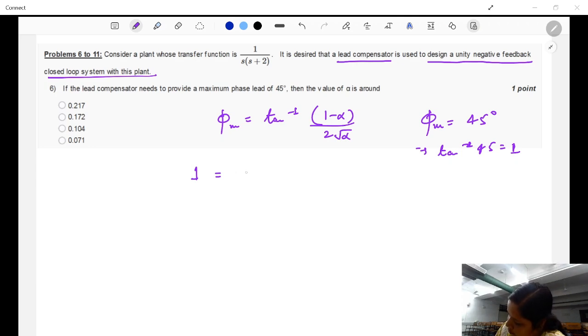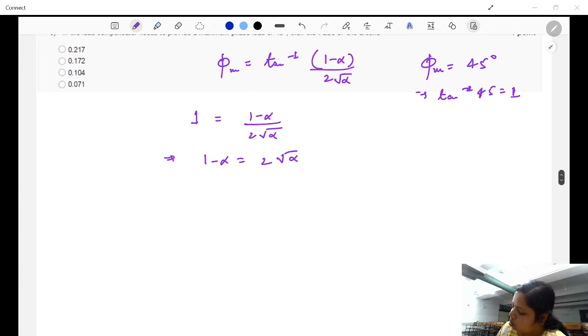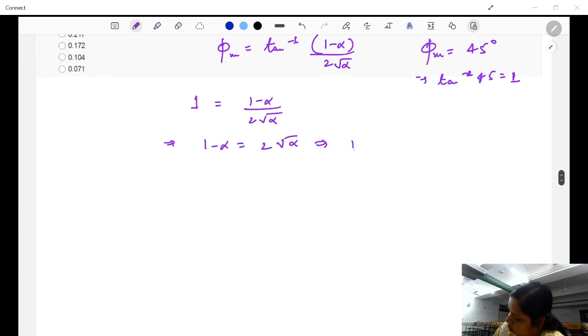And here you'll have (1 minus alpha) upon (2 root alpha). So 1 minus alpha is equal to 2 root alpha. Square both the sides.